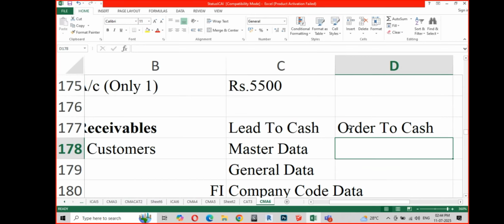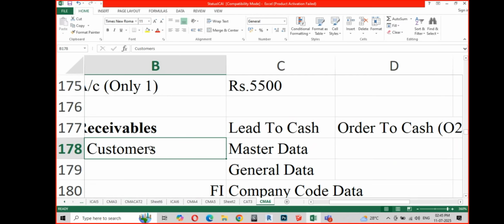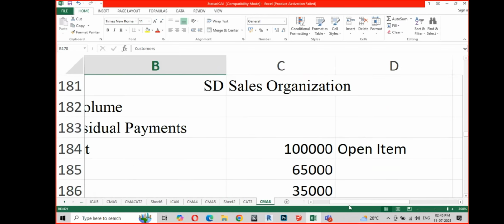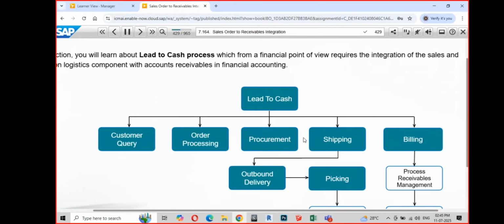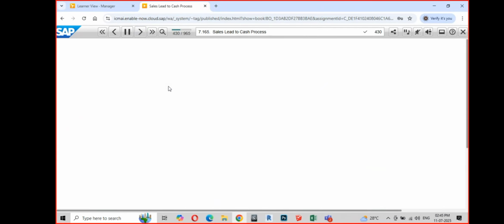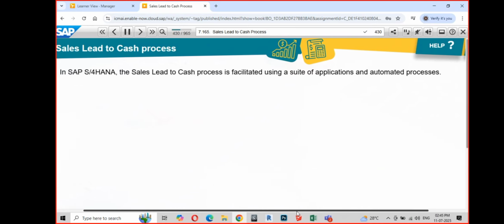Now it is lead to cash. Except for the nomenclature change, the process or the rationale behind the process is the same. Clear? So he is just explaining the whole process of your lead to cash.